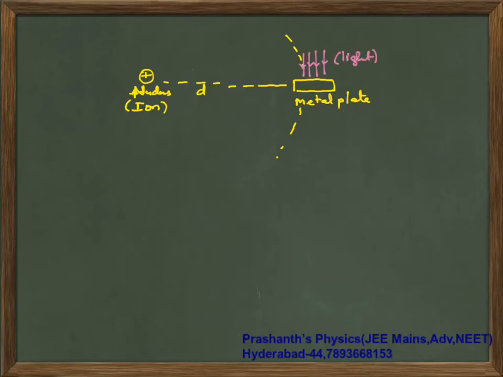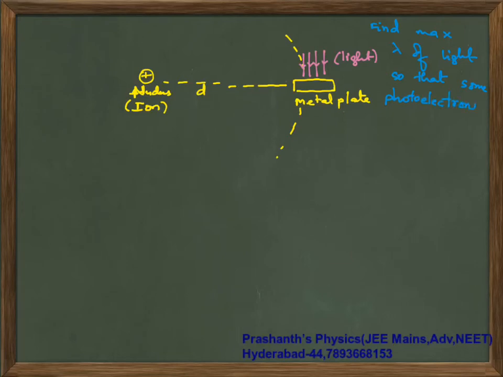What is your question? Find the maximum wavelength of light beam so that some photoelectrons go in a circuit.